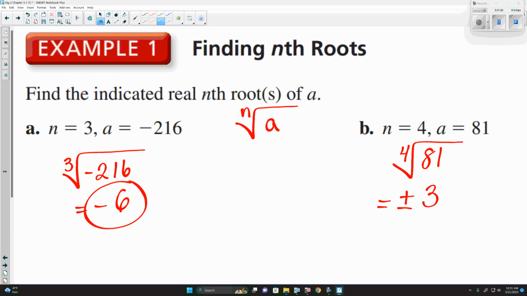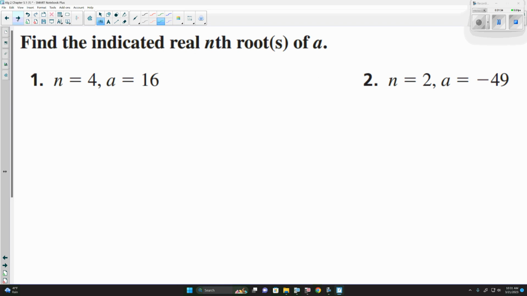Questions on this here? Let's look at the next one. N is 4, A is 16. So we're looking at the fourth root of 16. And what would the fourth root of 16 be? Almost.